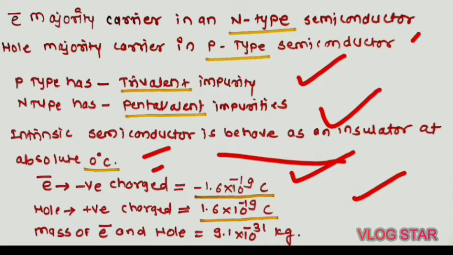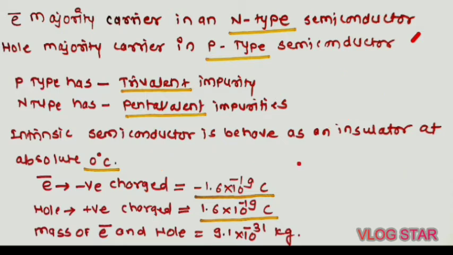The electron is negatively charged with a value of minus 1.6 into 10 raised to minus 19 coulomb, and the hole is positively charged with a value of 1.6 into 10 raised to minus 19 coulomb.